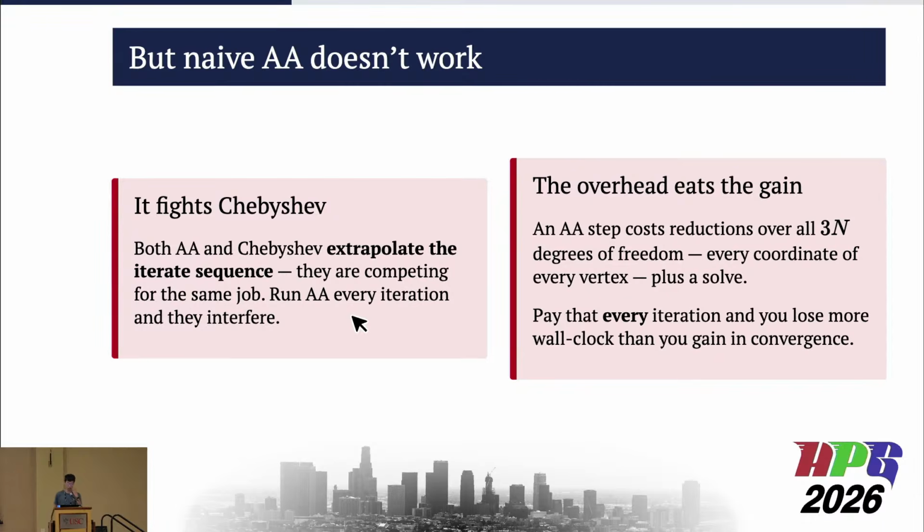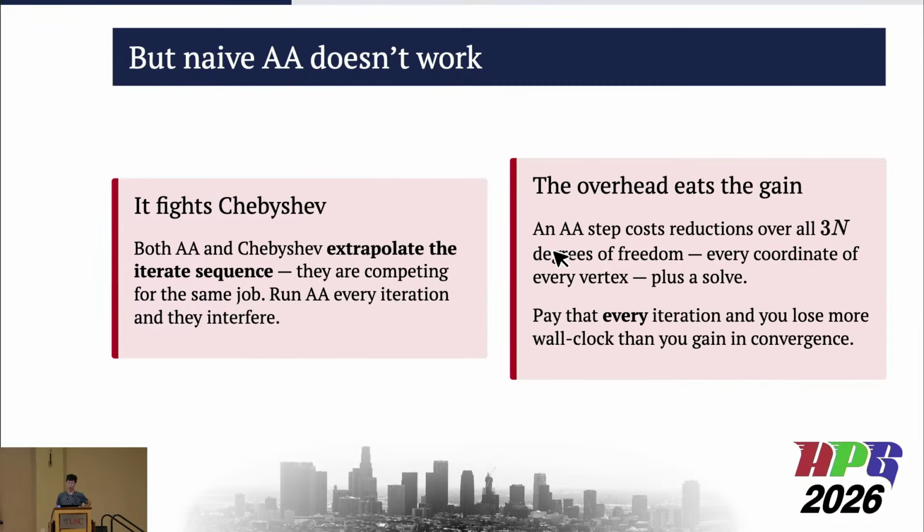But why don't we just use Anderson acceleration instead of Chebyshev? So the problem is, first, they cannot run in the same step. Because they are both kinds of extrapolation, they cannot run in the same step, but they can run in separate steps.